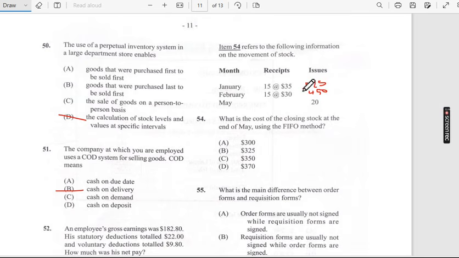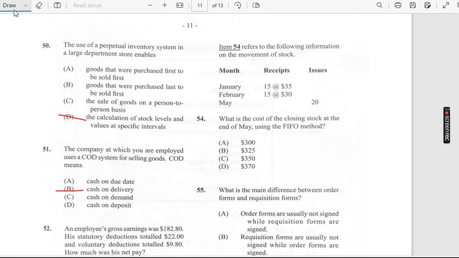I hope I'm doing this right. On this side we have 20. So 35, take away another 30, we'd have another 5 stock, so 25. So 5 times 20 is another 100, and it says first in first out.